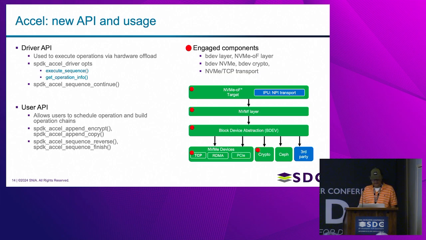There are user APIs allowing users to schedule operations and build operation chains, such as append crypto, append encrypt, append copy, etc. So this influences a number of components and component layers: the BDEV layer, the NVMe over fabric layer, the NVMe over TCP transport layer, etc.